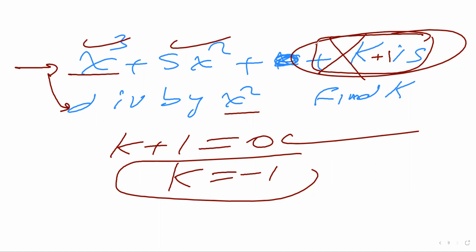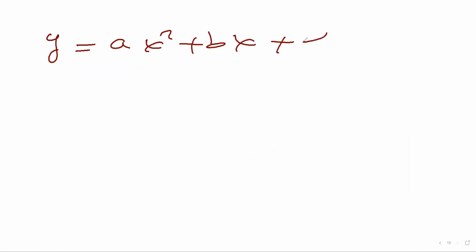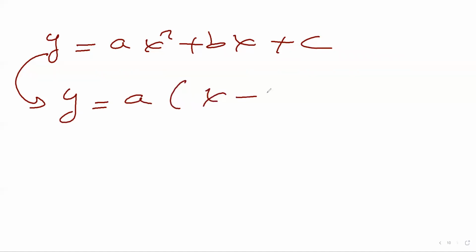Now, parabola. y equals ax squared plus bx plus c. When we have a quadratic equation, I can convert from quadratic to the equation of the parabola, which is y equals a times (x minus h) squared plus k.